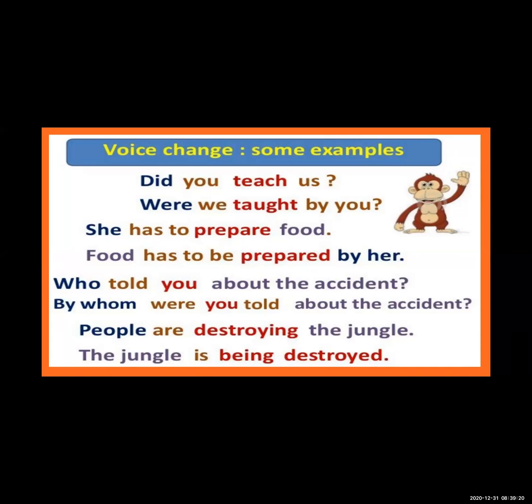Now because the word people is used over here, again we are not using by plus subject. As you can see in the starting two sentences, in the passive form we have used by you, by her, but in the last sentence we have not written by him or her or they, because the word people is already there. They are telling there are people who are destroying the jungle, so again there is no need to ask who they are.